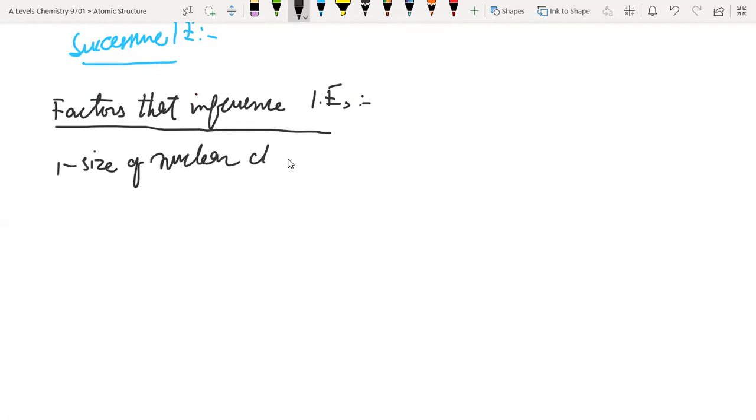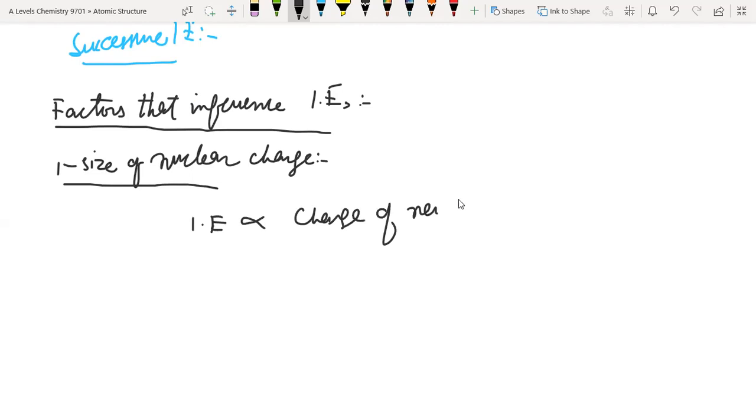Generally, ionization energy is directly proportional to the charge of the nucleus: as the charge of the nucleus increases, ionization energy increases.